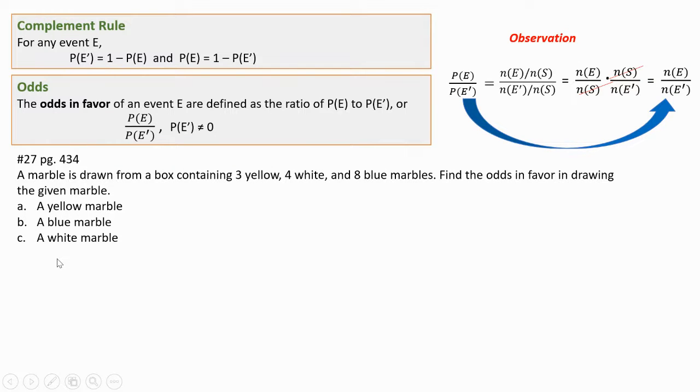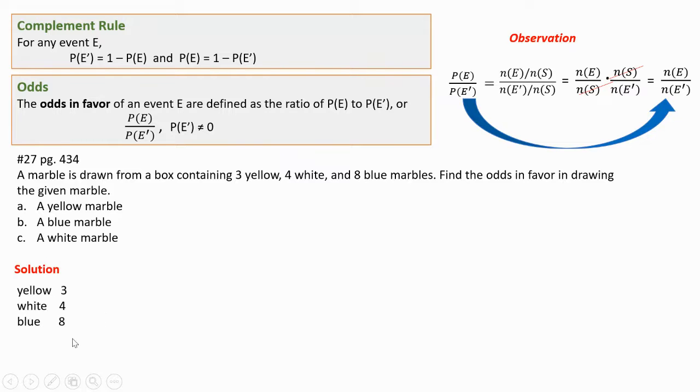This is number 27 from page 434 from the book. A marble is drawn from a box containing 3 yellow, 4 white, and 8 blue. Find the odds in favor in drawing a given marble. So the odds in favor is going to be like this.